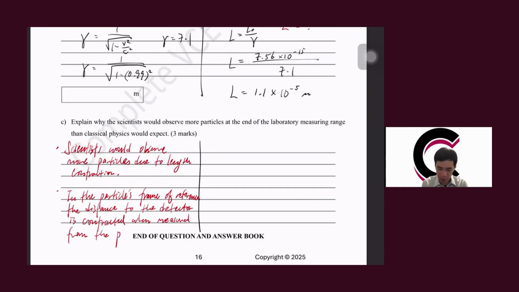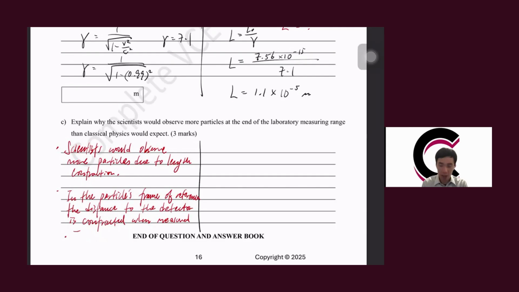I think I said the same thing, so there's no need to say it at the end. Okay, and so this is more important, right? This is what the physics tells you. It's contracted. So why do we register more particles?